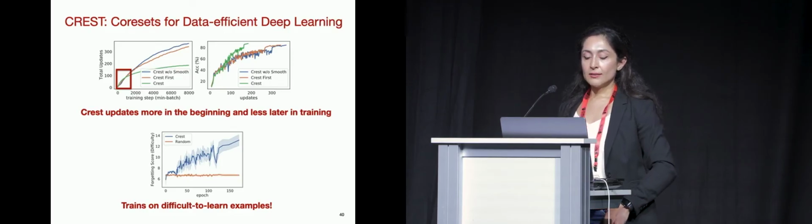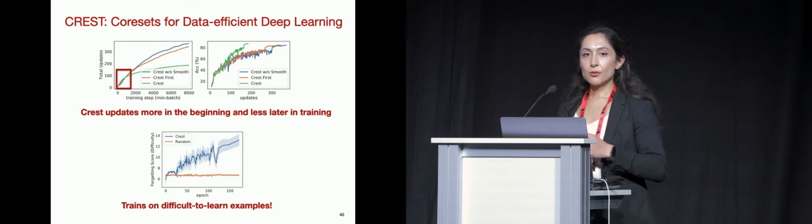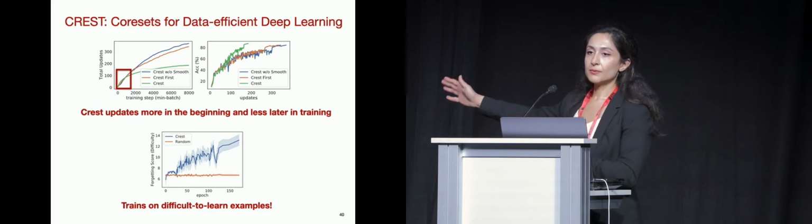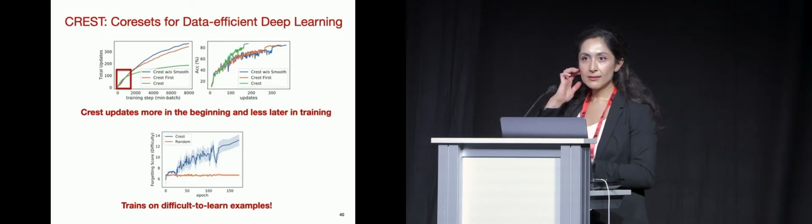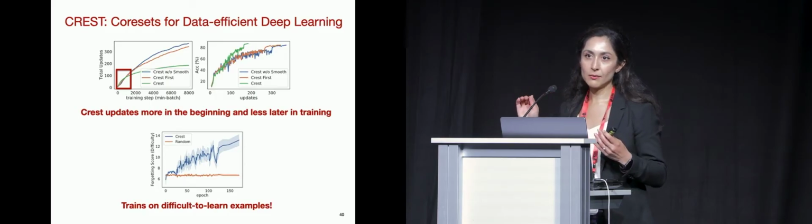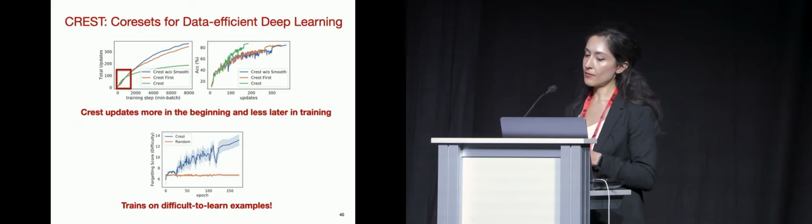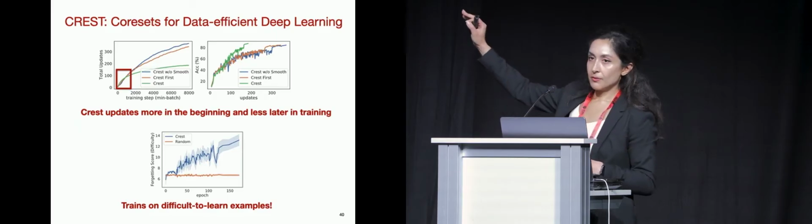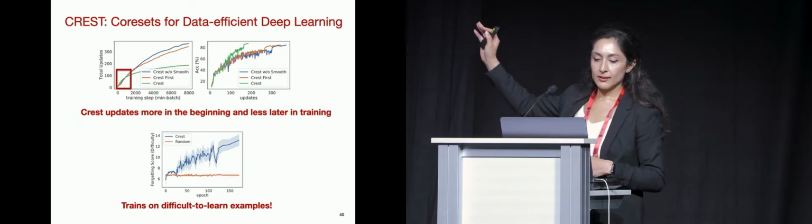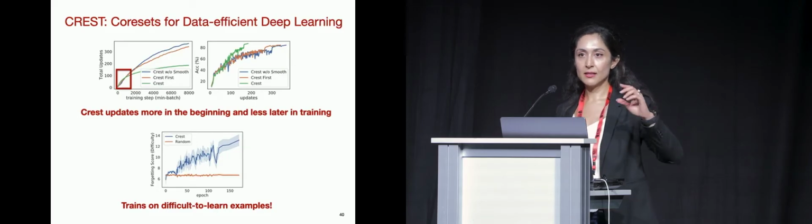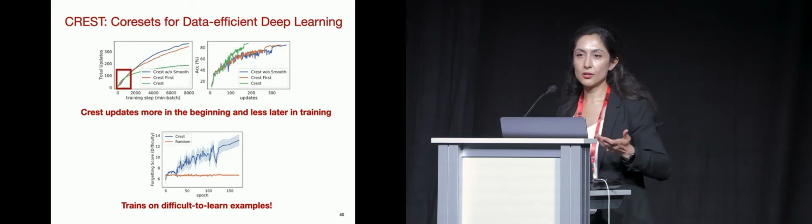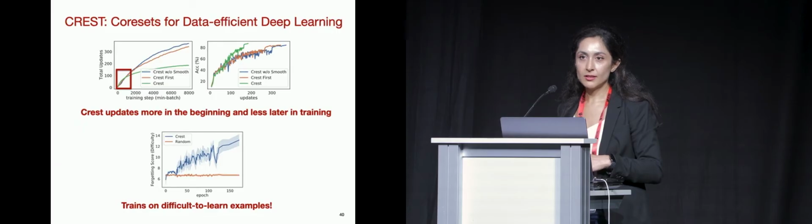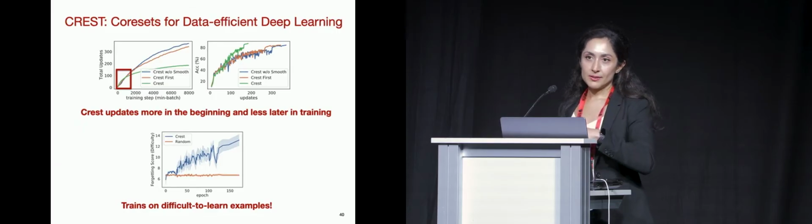And let's also see, we are getting a curriculum, right? Because we are also updating these subsets during the training. Let's look at what is this curriculum that we got from this algorithm. So the x-axis, the bottom plot, is the epochs of training. And the y-axis shows the average learning difficulty of examples that are in the subset.